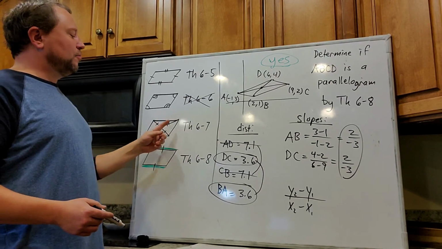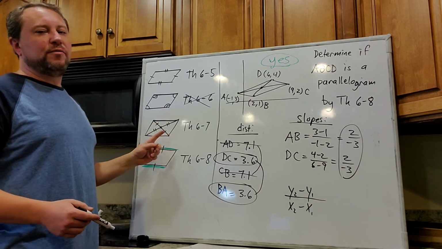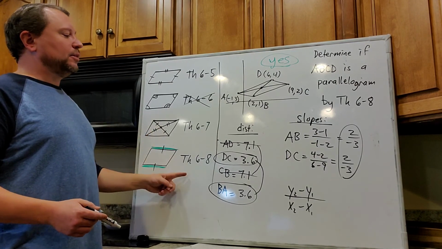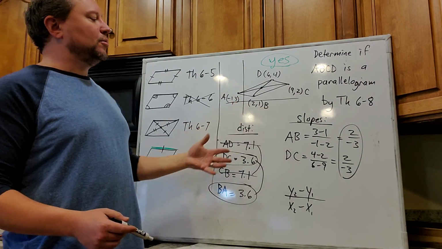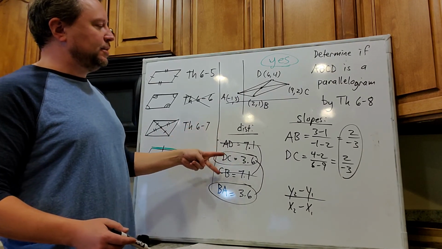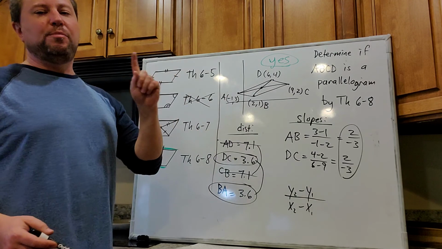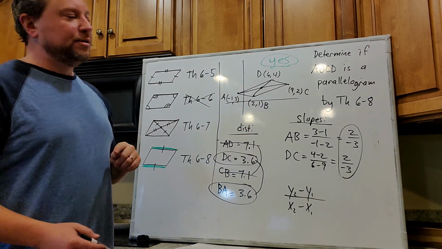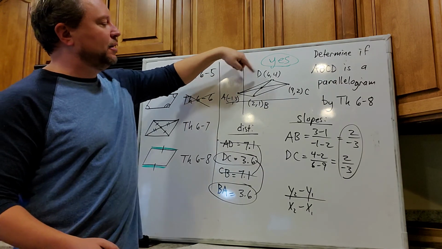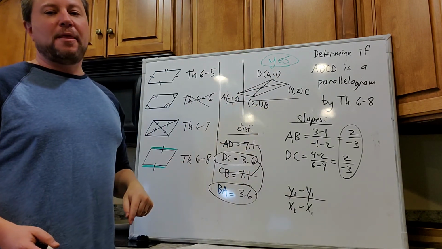Theorem 6-7, remember, was the diagonals, so you wanted to find the midpoint of both diagonals. And then theorem 6-8, I'm going to show one pair of opposite sides, both parallel and congruent, so I find distance and slope of one pair of opposite sides. You could have just as easily picked the other pair of opposite sides like AD and CB instead.